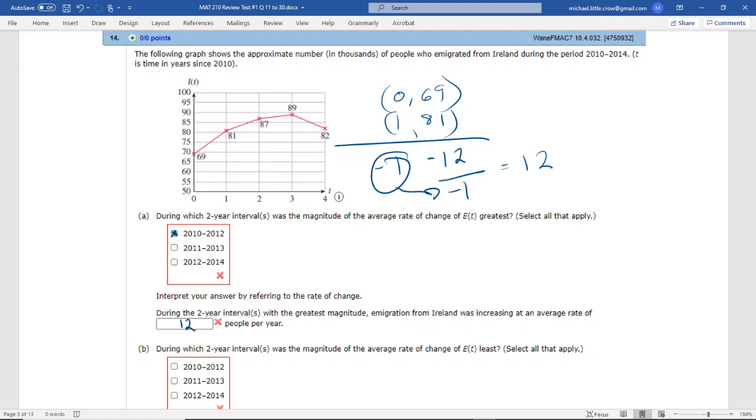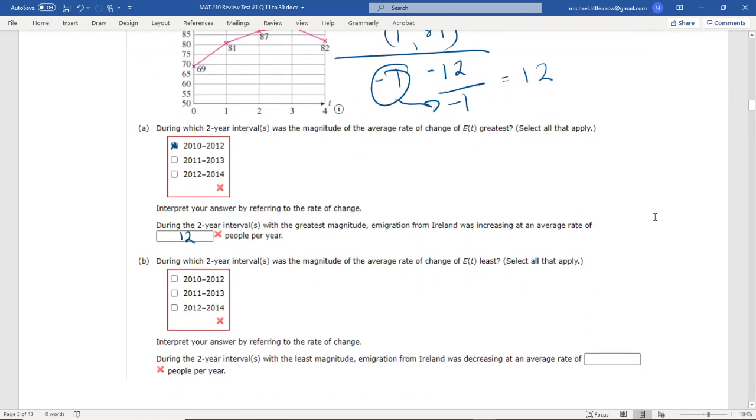During which 2-year interval was the magnitude of the average rate of change the least? The least would certainly be 2012 to 2014, because I see that's negative. We can see a decrease during that time period. So that's going to be the least. Immigration from Ireland was decreasing. Now when they say decreasing, we know it's decreasing, so we don't put the negative on there.